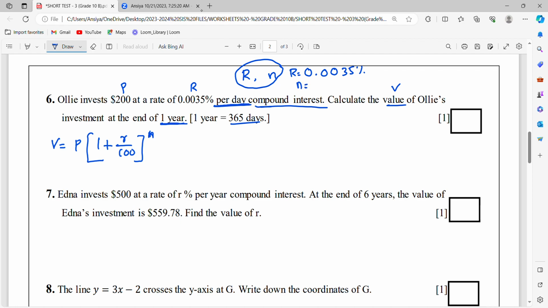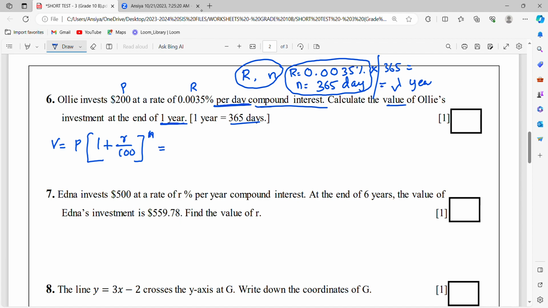So n also we need in days, which is 365. If you want to do it in years, change both to years. So this you multiply with 365 and you will get the year rate, and this we know is 1 year. But I think leaving it as days itself will be easier. Both in the same unit, no conversions.